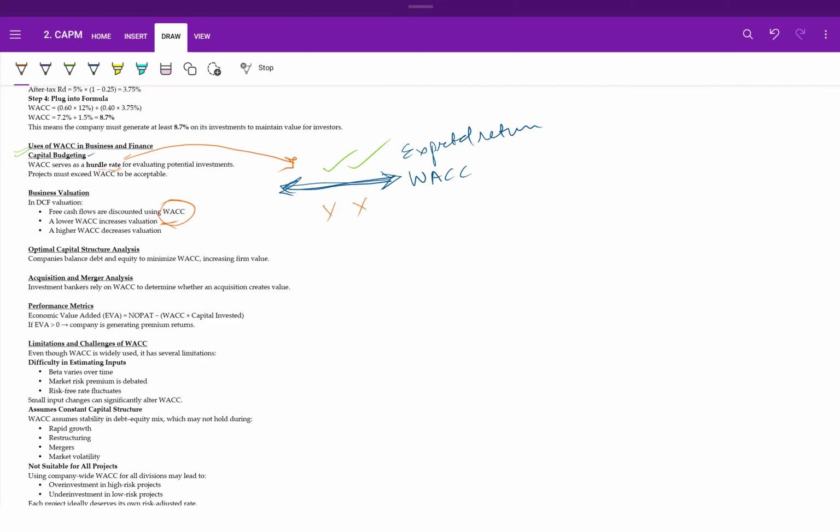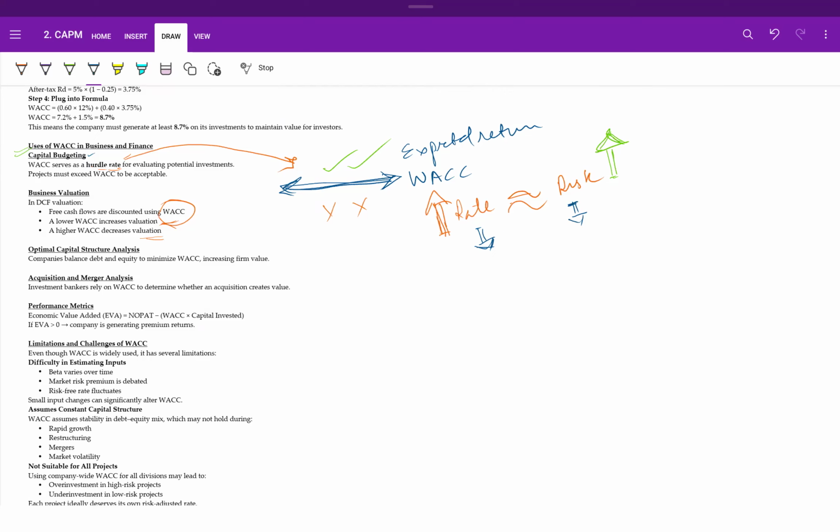And a higher weighted average cost of capital decreases the valuation because of the risk involved. Any kind of rate is directly proportional to risk. If the rate increases, it implies high risk, and when the rate decreases, it sends a sentiment that the risk is low.